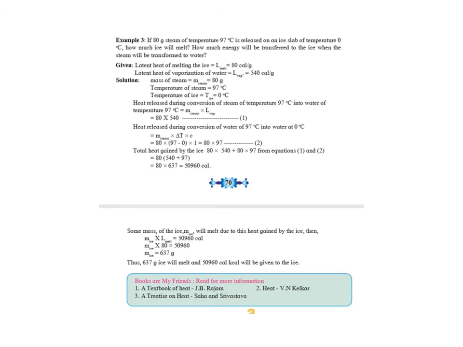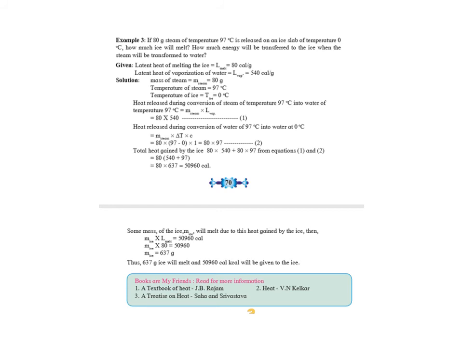So the heat released during the conversion of steam into water is equal to mass into latent heat of vaporization, that is 80 into 540. Heat released during the conversion of water at 97 degrees into water at 0 degrees is again m into c into delta T, 80 into 97 minus 0 into 1, that is 80 into 97.